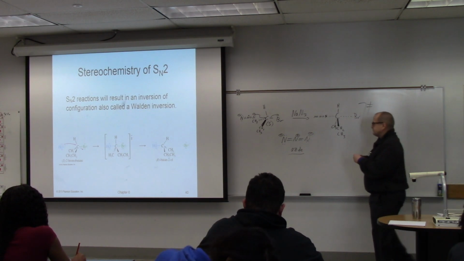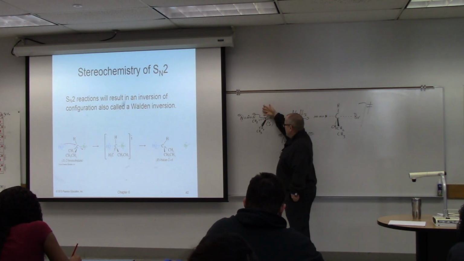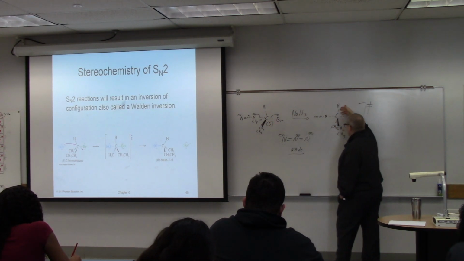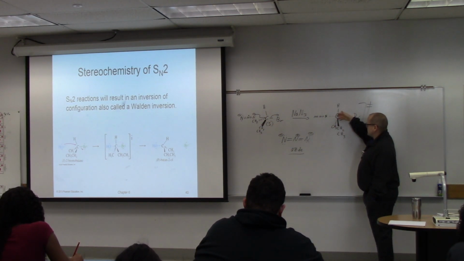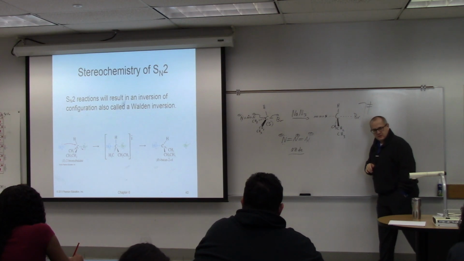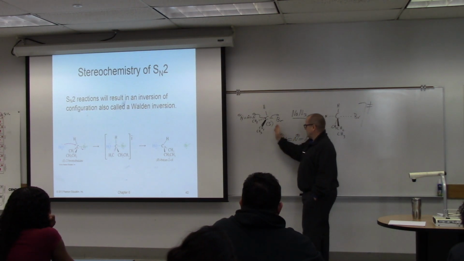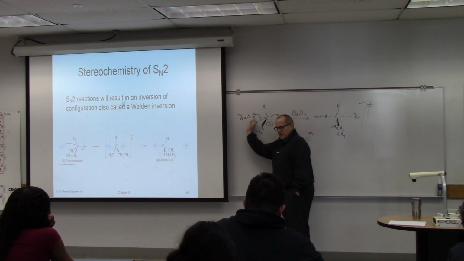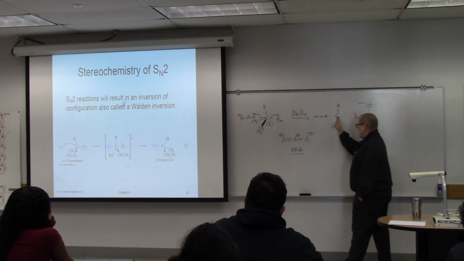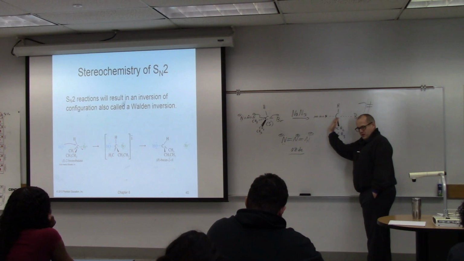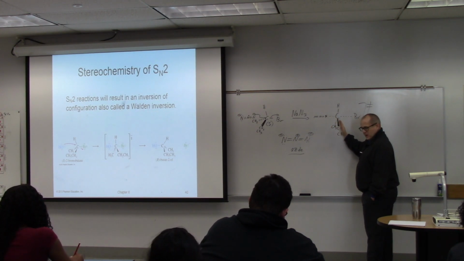Now watch what happened. You went from being tetrahedral here to, in the transition state, this carbon kind of flattening out, isn't it? Notice how the methyl and the ethyl were both pointing in that direction, but in the transition state, they kind of went like that. Now what's going on?